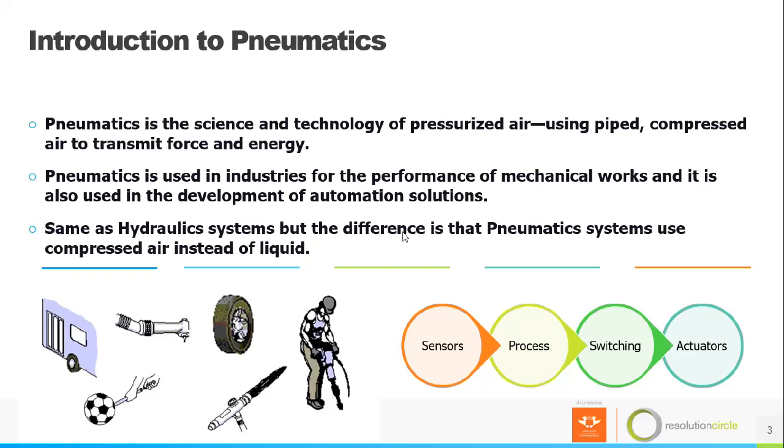Pneumatics is used in industries for the performance of mechanical work, and it is also used in the development of automation solutions, just like hydraulic systems. But the difference between a pneumatic system and a hydraulic system is that pneumatics uses compressed air, whereas hydraulics uses liquid.